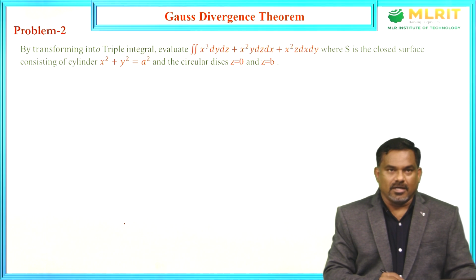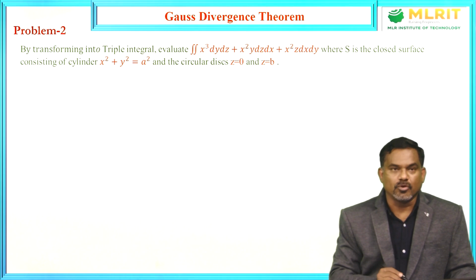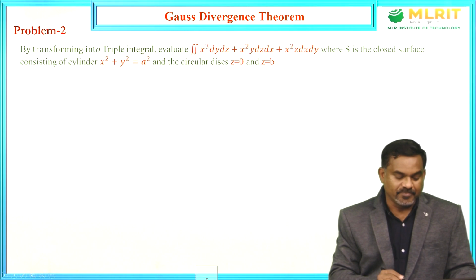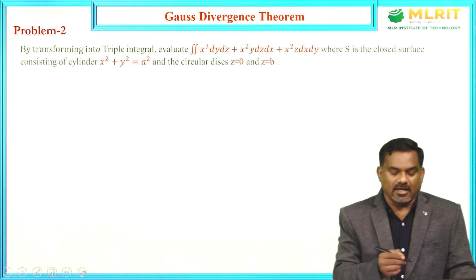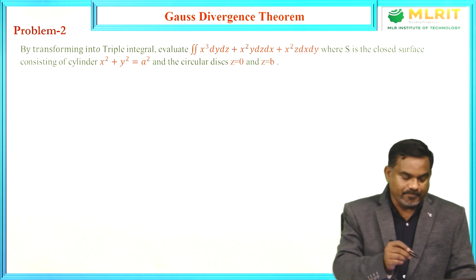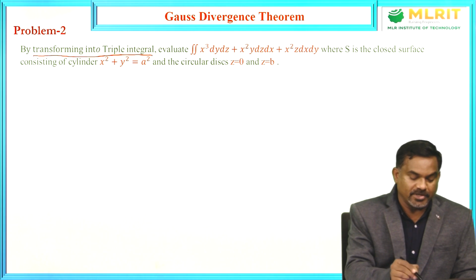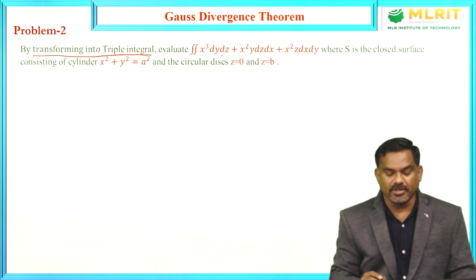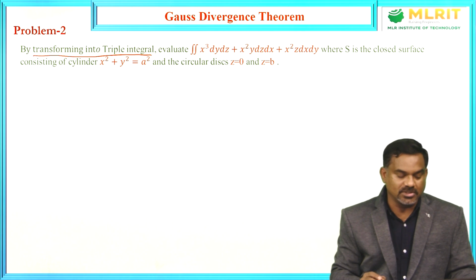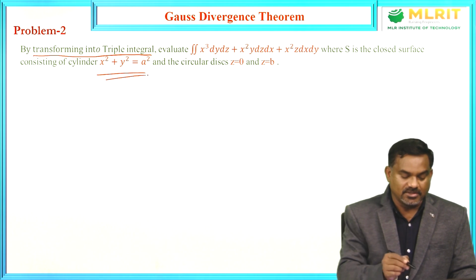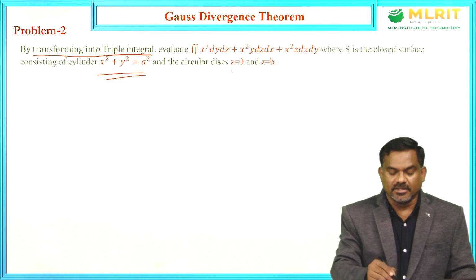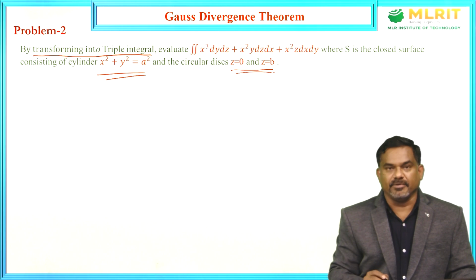And today I am going to solve one more problem on Gauss Divergence Theorem, which is an application of it. By transforming into a triple integral, evaluate the double integral, where S is the closed surface consisting of the cylinder and the circular discs Z equal to 0 and Z equal to b.